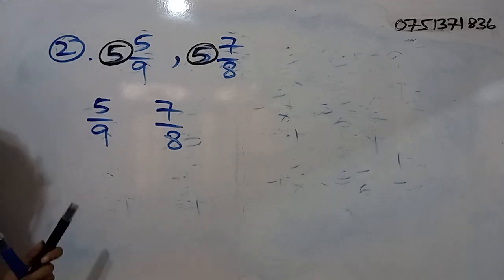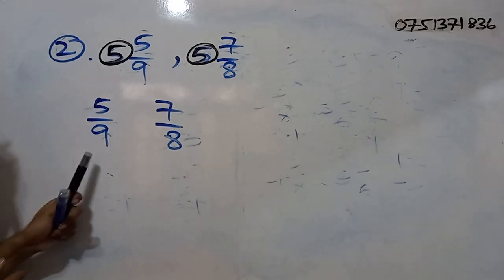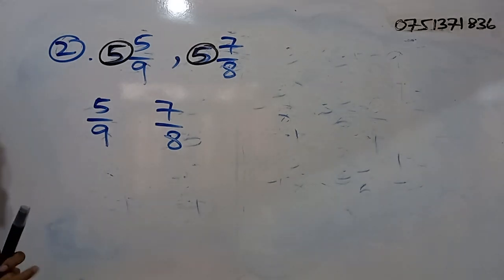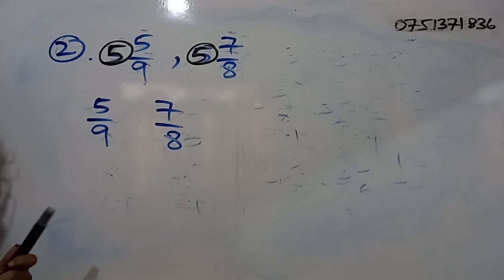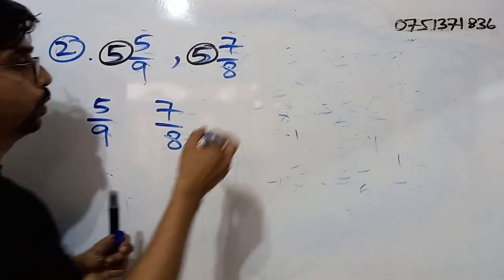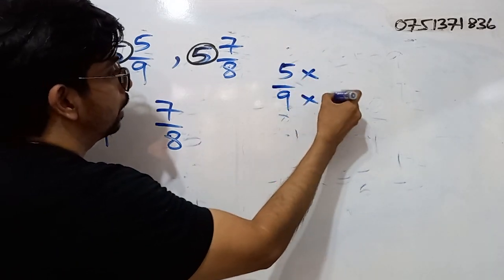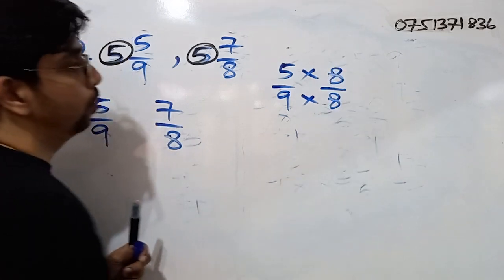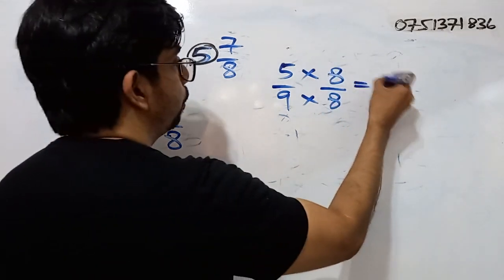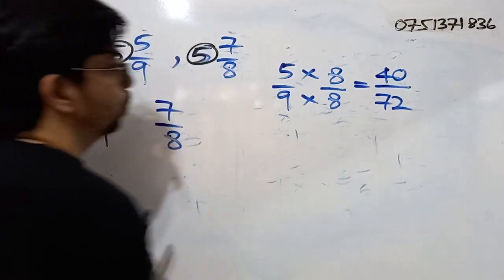So we need to make them equal in order to compare them. So 9 and 8, what is the least common multiple of 9 and 8? It will be 72. So 5 by 9, I will multiply the denominator by 8 and the numerator by 8. So 5 into 8, 40, 9 into 8, 72.